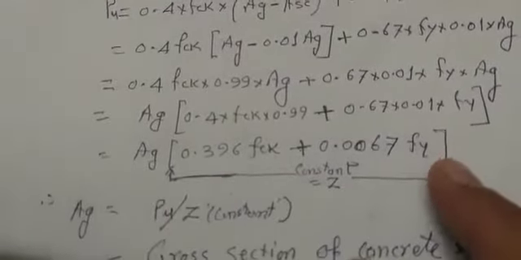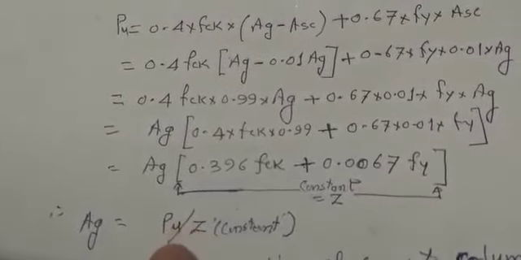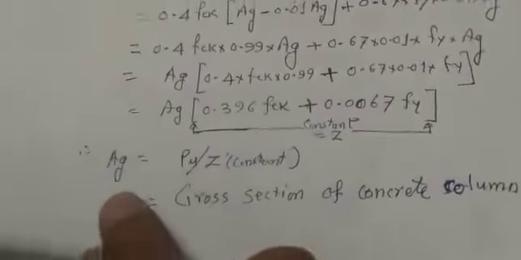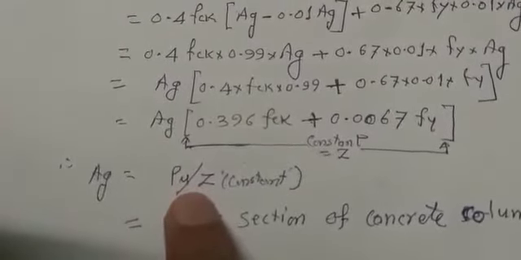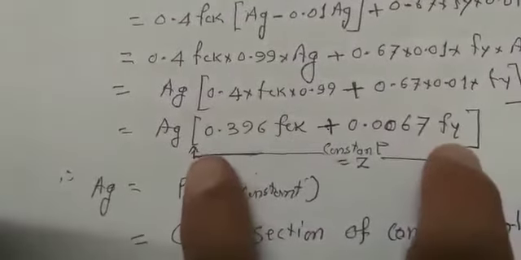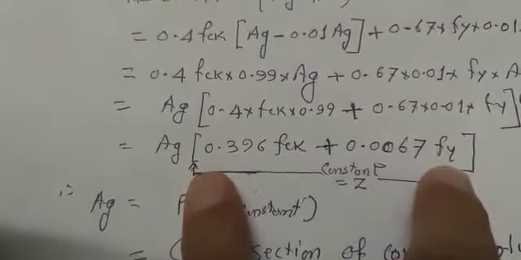Now once the load, mix and the type of steel are given, we can find the gross area required for the column section as Pu upon Z, where Z is a constant, which is nothing but 0.396 fck + 0.0067 fy.